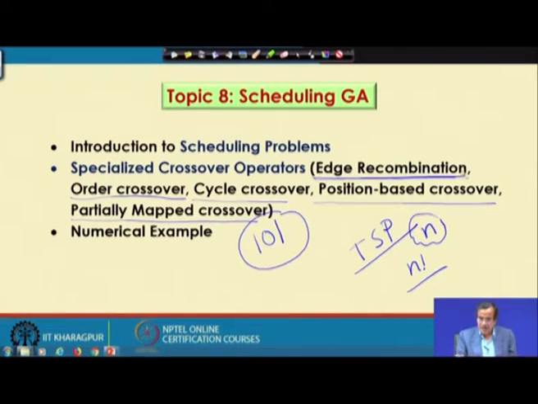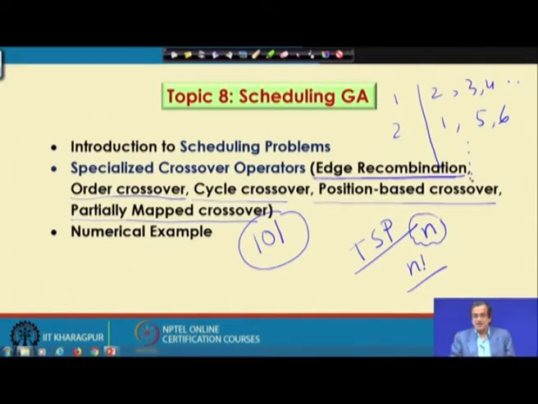Now, in edge recombination actually what we do is we try to maintain one connectivity table or the edge table, starting from the 2 parents. So, I will have to find out 2 valid children. So, we start with the starting city of parent 1 just to get the starting city of child 1, and whatever cities we have taken, we maintain one connectivity table, like city 1 is connected to say 2, 3, 4 something like this, 2 is connected to 1, 5, 6 something like this.